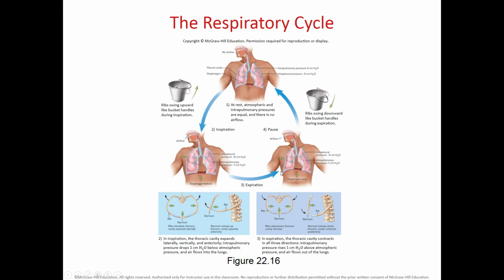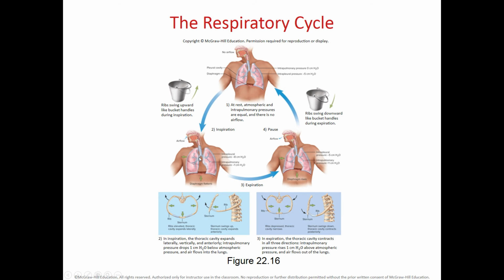Now, when you're exhaling, you do the opposite. It's like if you put the bucket with its handle downward, so you will decrease your anterior-posterior and lateral diameter because you are decreasing these diameters as you are raising your diaphragm. And then when this happens, your intrapulmonary pressure increases and you can exhale.